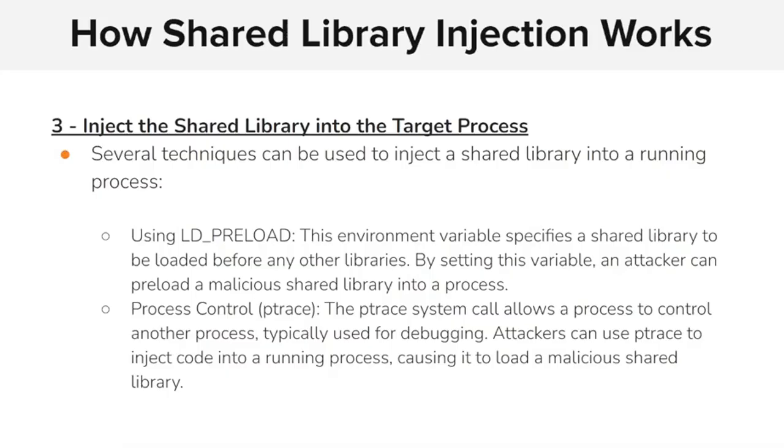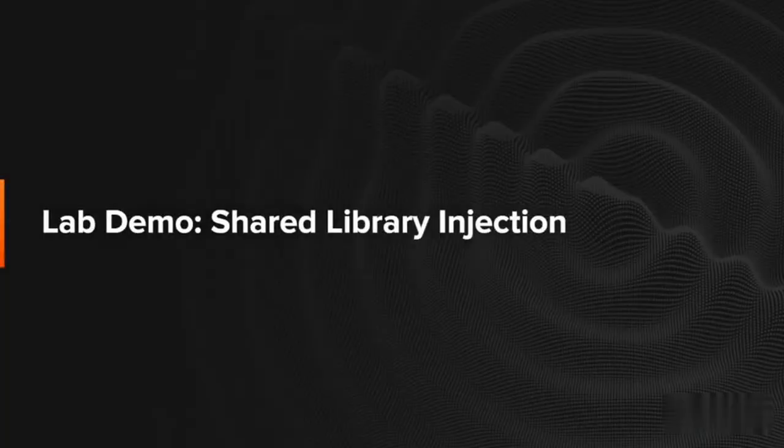By setting this variable, an attacker can preload a malicious shared library into a process. The second is process control, or ptrace. The ptrace system call allows a process to control another process, typically used for debugging. Attackers can use ptrace to inject code into a running process, causing it to load a malicious shared library or object. With that being said, let's get started with the practical demonstration section of this video.